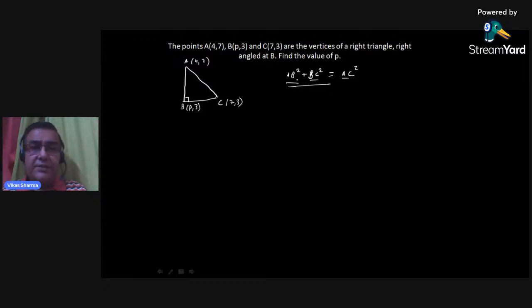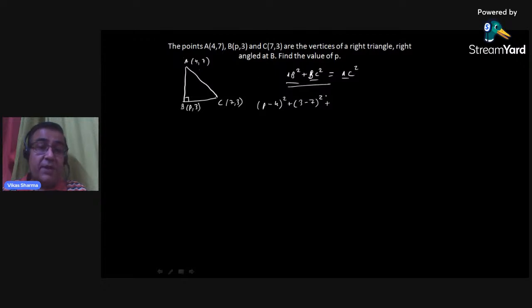So the distance, since we are squaring the distance, I'm not going to take the square root, because the square of a square root is going to cancel it out. So I'm just going to take it as AB. So that becomes P minus 4 whole square, plus 3 minus 7 whole square, plus BC.